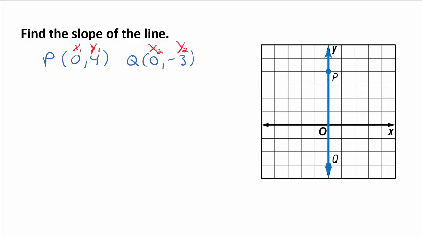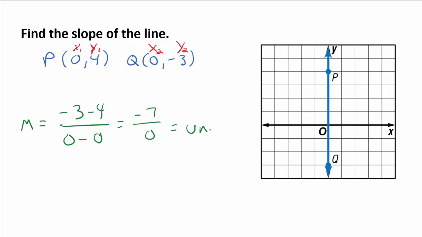We plug it into our formula. We're going to have -3, which is our y2, minus 4 over 0 minus 0, x2 minus x1, which equals -7 over 0. But because we have 0 in the denominator, this is going to be an undefined slope.